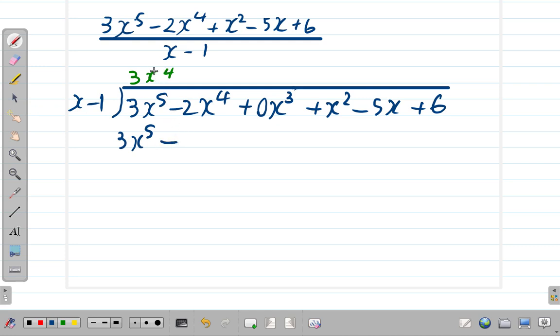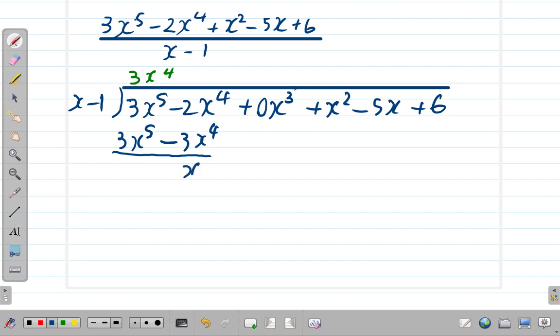Minus 3x to the power of 4 times negative 1. That will be negative 3x to the power of 4. So you subtract. Negative 2 minus negative 3 is going to be like negative 2 plus 3. Positive.